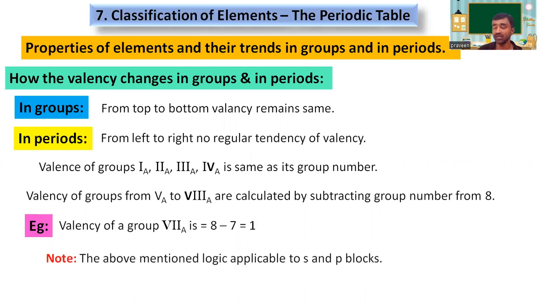This is specially applicable for s and p block elements only. For the d block, there is no regular gradation. Based on that, for the d block and f block, you give your answer as no regular tendency in periods, but it remains the same in groups. Why does it remain the same? Due to similar electronic configuration.